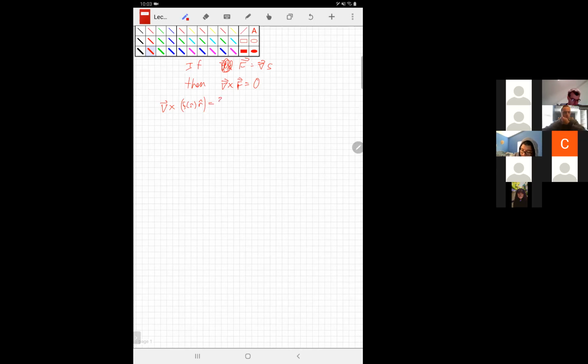The curl of any function in spherical coordinates can be written as, I'm going to copy from the book right now, curl of A is 1 over r squared sine theta, times the determinant with rows r hat, r times theta hat, r sine theta phi hat, then derivative with respect to r, derivative with respect to theta, and derivative with respect to phi, and then we've got A sub r, r A sub theta, and r sine theta A sub phi.